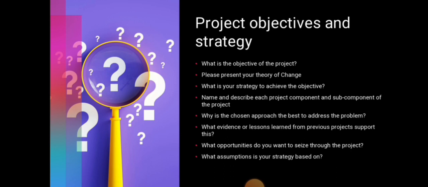What are the opportunities? And what assumptions is the strategy or the project objective based on? So this part should be clearly discussed on the objectives and the strategies of the project concept note or the research part.